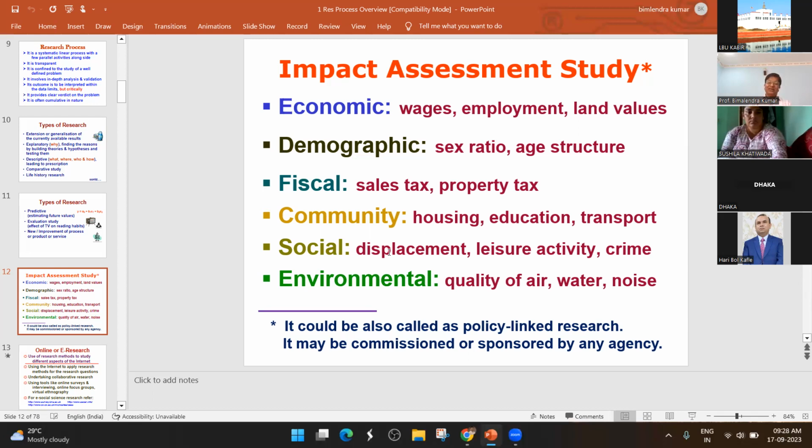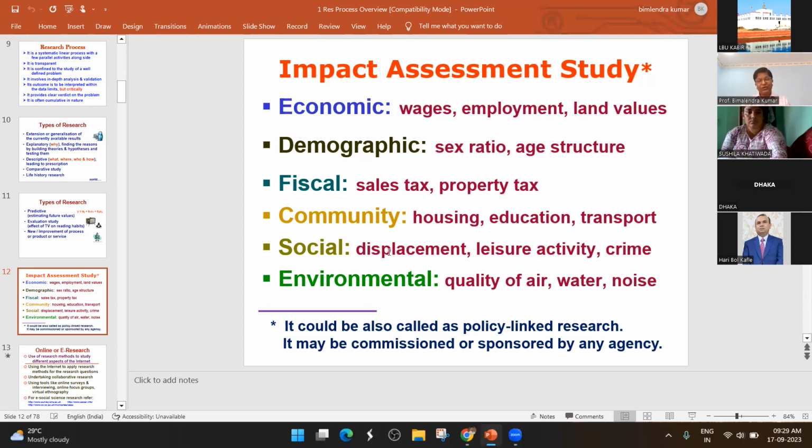So whenever it is the sex ratio, whether male or female people are increasing or decreasing, what is the age structure of getting married, how there is an impact of the children on the society. So demographic researches based upon populations are also sponsored mainly by government agencies or university departments.